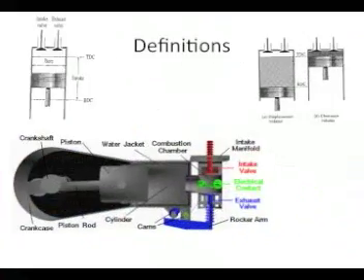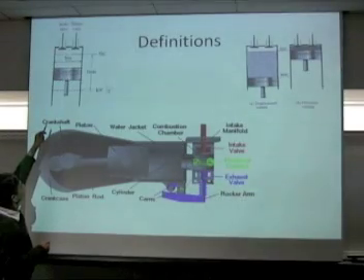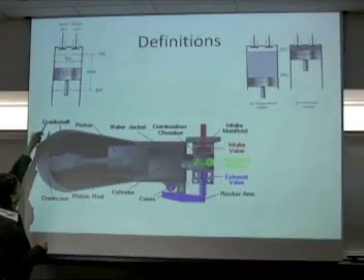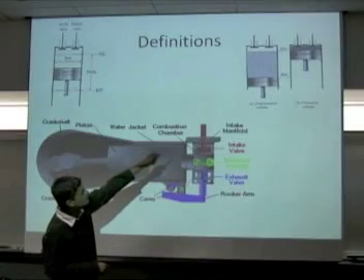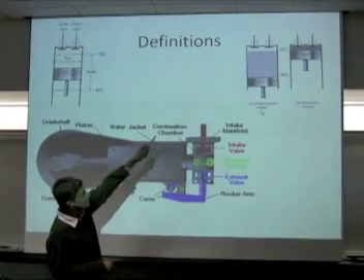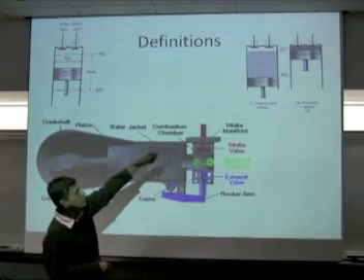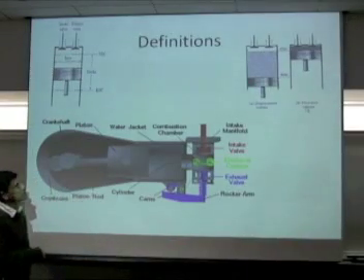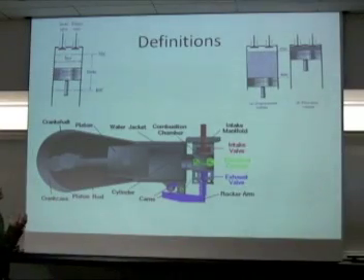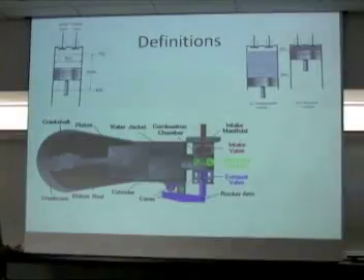When it comes all the way down, you can see the bottom dead center, where the stroke finishes, and the distance between the bottom dead center and the top dead center is called the stroke. The displacement volume is the difference in the volumes, and the clearance volume is the minimum volume present inside the cylinder when the piston reaches the top.